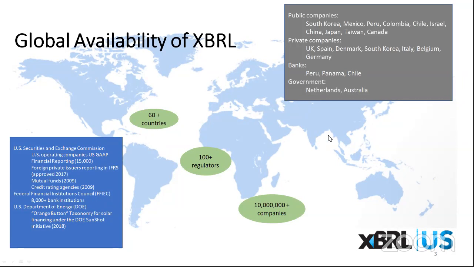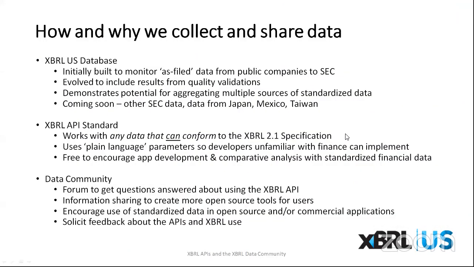All told, there are over 60 countries, over 100 regulators, and over 10 million companies that produce and manage XBRL standardized financial data. I'm going to turn it over to Mark now to talk about how and why we collect and share data.